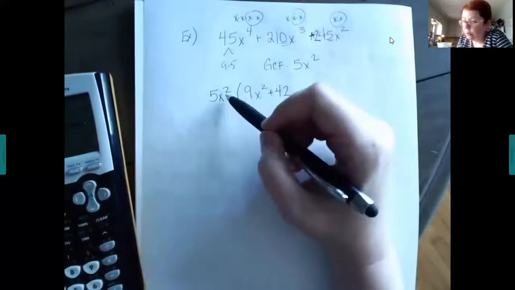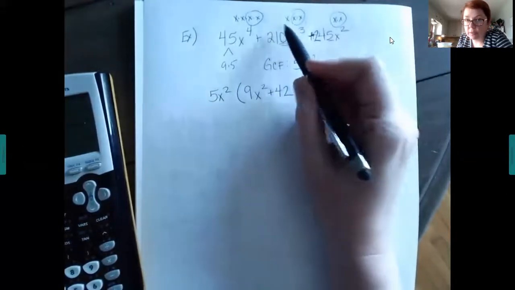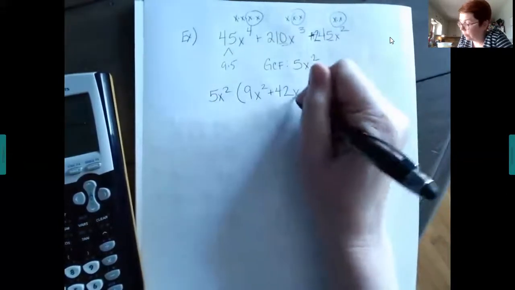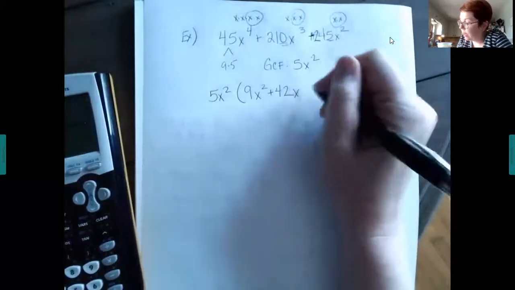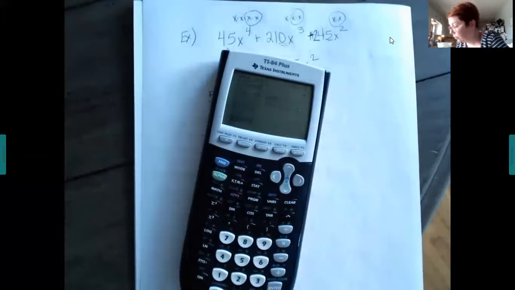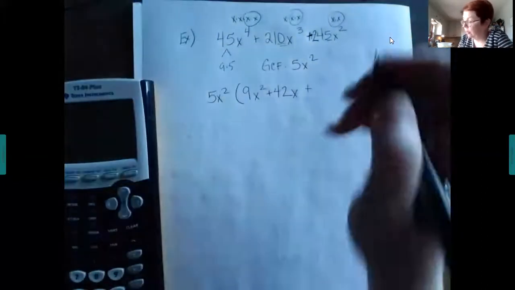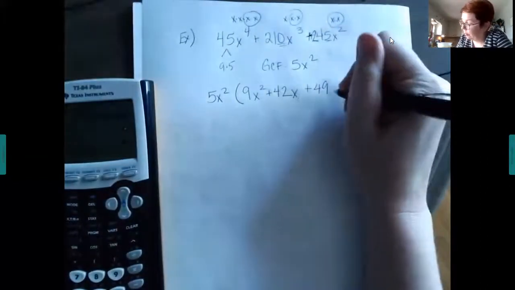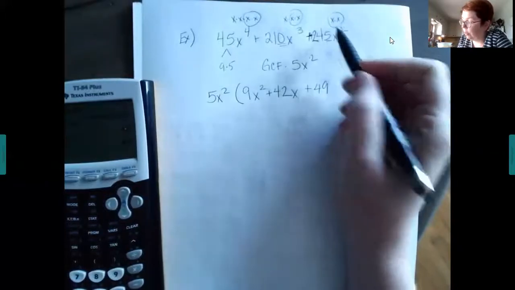I'm taking 2 x's away from x to the 3rd, leaving me with a single x. And 245 divided by 5 is 49. Ugh, that's gonna be big. And again, I took all those x's away.